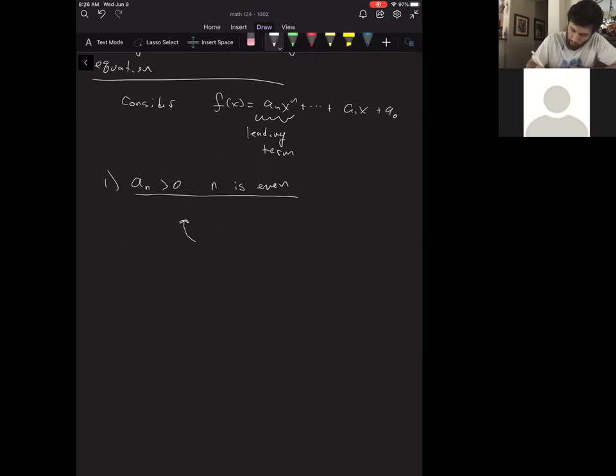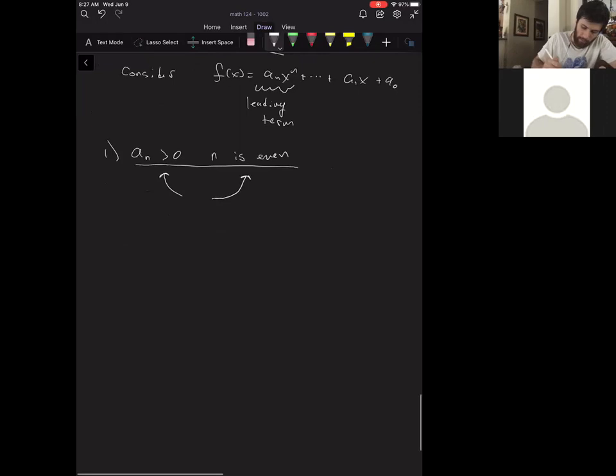It's going to move up over here, and move up over here. So as we move to the left, the graph eventually moves up, and as we move to the right, the graph eventually moves up. Let's draw that a little bit better. So that's this end behavior.